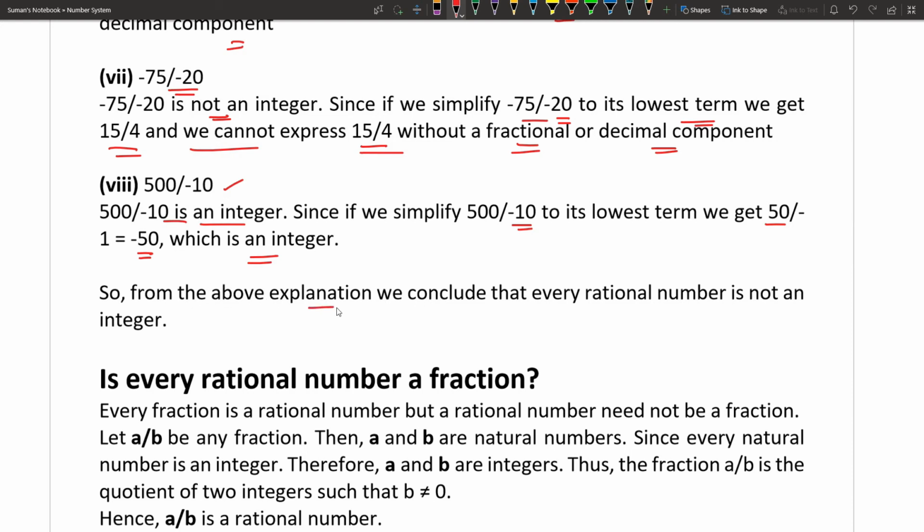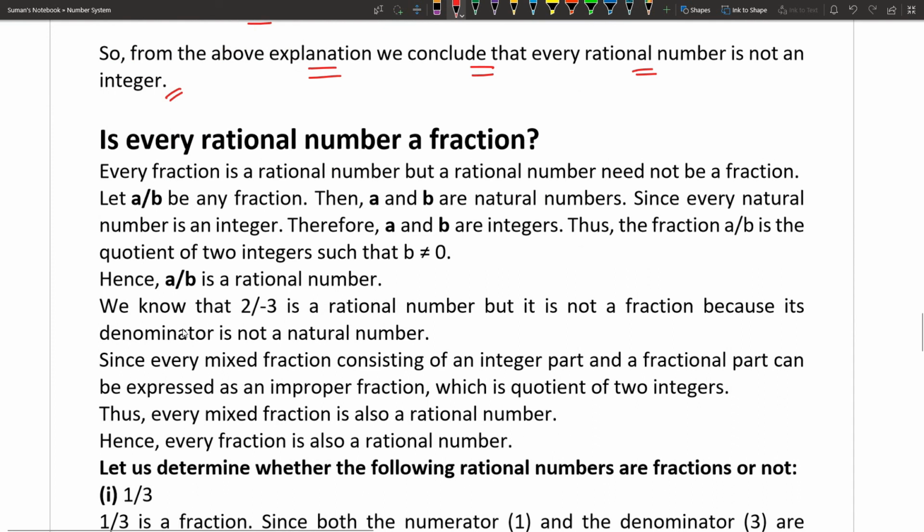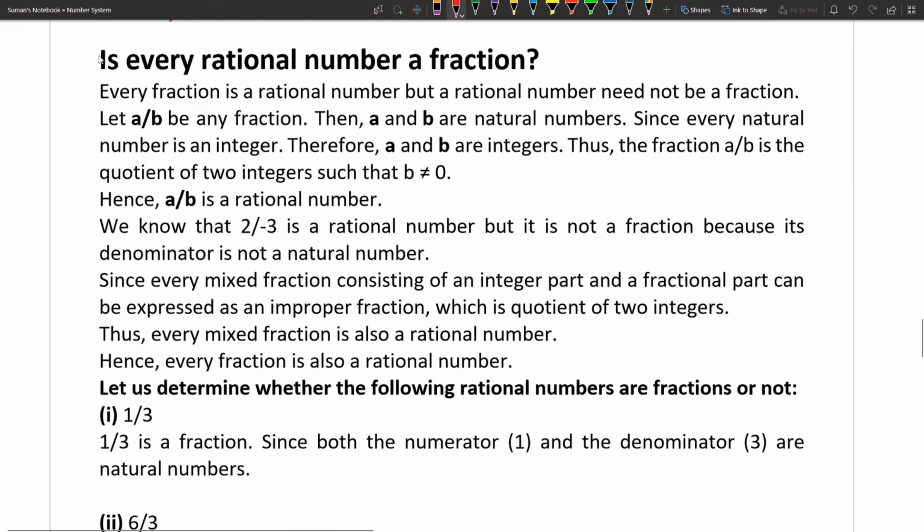So from the above explanation, we conclude that every rational number is not an integer. Now the next question that comes to mind: is every rational number a fraction, and is every fraction a rational number? Every fraction is a rational number, but a rational number need not be a fraction.